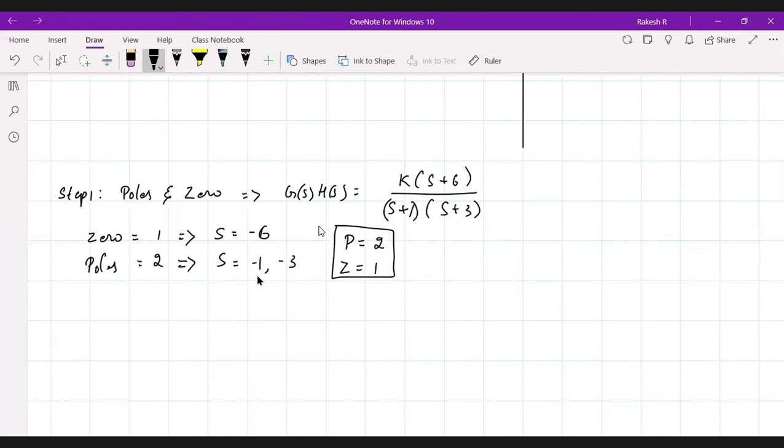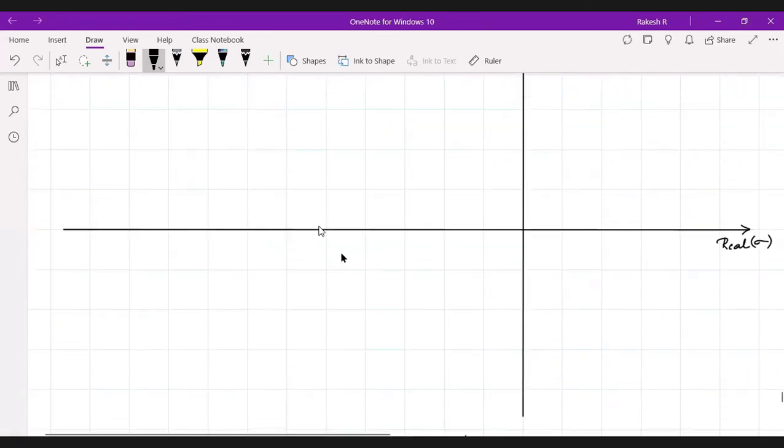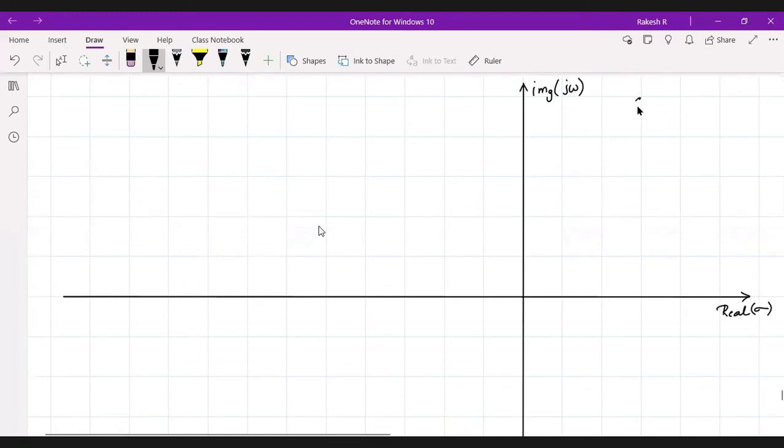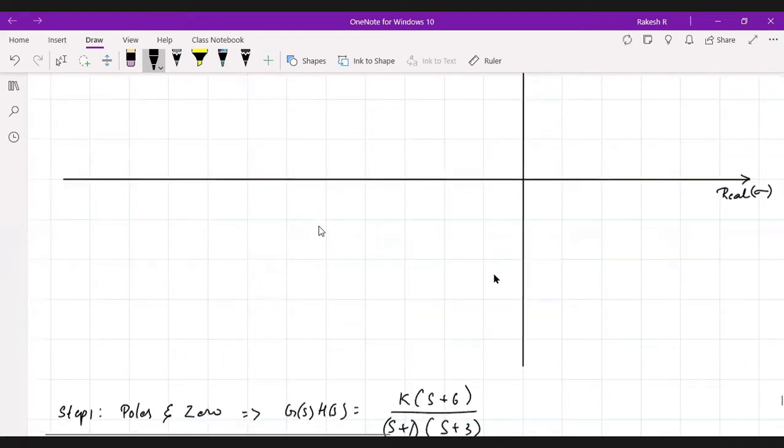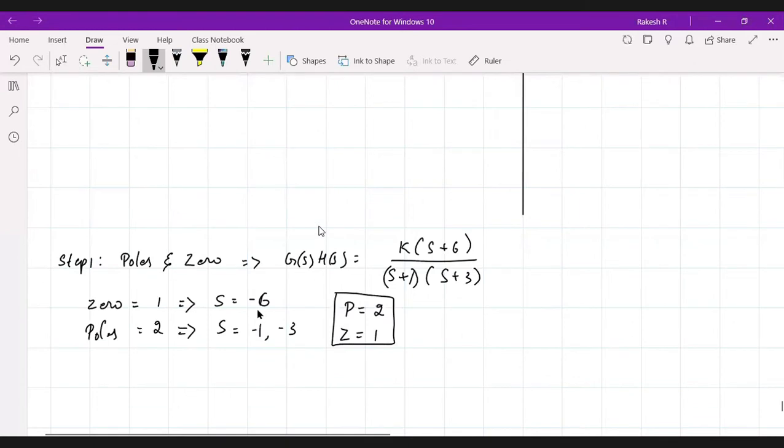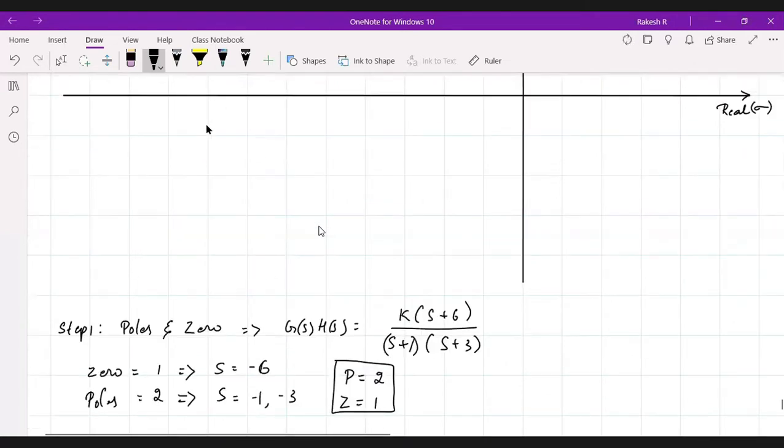So I shall locate that in the s plane. In the s plane, I have considered the scale on the x-axis as 1 centimeter equals 1 unit, and the y-axis is also the same, 1 centimeter equals 1 unit. So s equals minus 6 is the zero here.